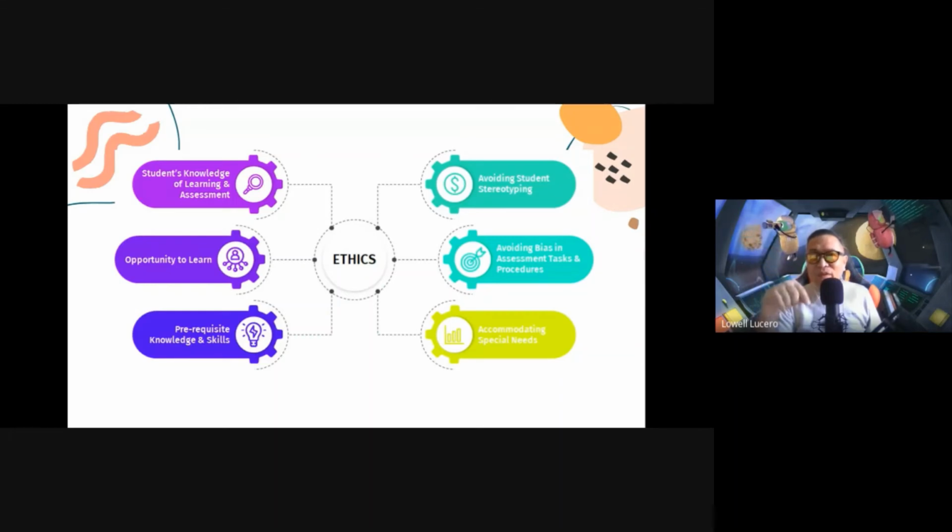So, importante yon. You need to understand also your students or your pupils. So, accommodating special needs is very important. Sometimes, yung test paper is very small. May mga batang mga problema sa vision. Okay? So, nag-accommodate ba ng special needs yung test mo or hindi? Right? So, importante, those are considerations. Now, that's part of ethics. And that's part of fairness.